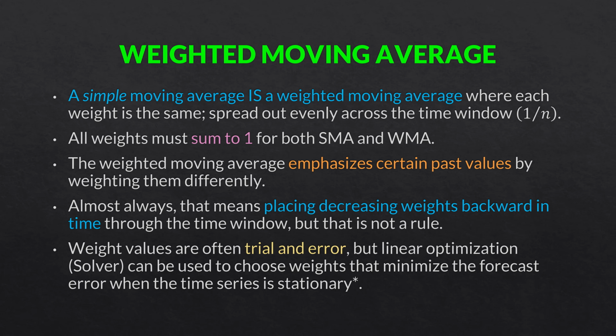And what happens is that if we use, say, Solver to optimize the weights, the naive forecast will win out and it will make the weights 0, 0, 1, putting all the weight in the most recent value because of the trend. So you have to be very careful when doing some sort of optimization. However, if the time series is very stationary, then you can optimize the weights to see if there's a certain mix of numbers that minimize the error.